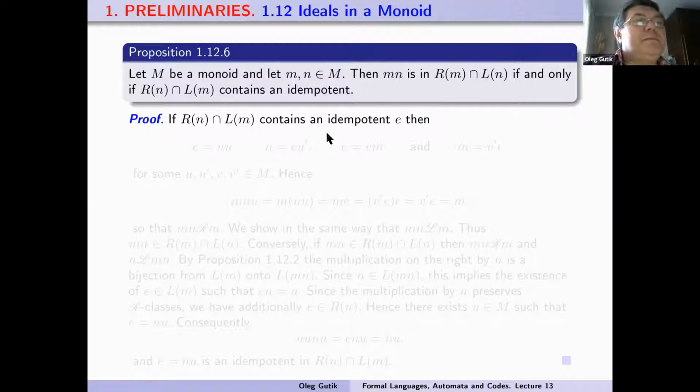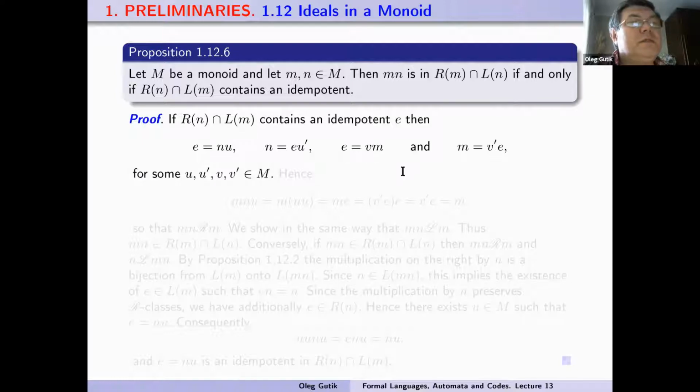The proof. If the intersection of R_n and L_m contains an idempotent e, then we have that e = nu, n = eu', e = vm, and m = v'e for some elements u', v' from the monoid M.